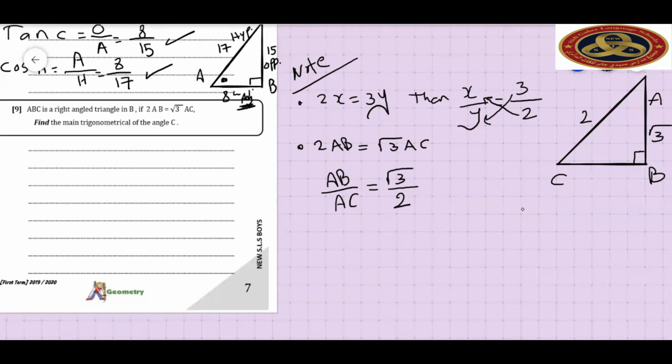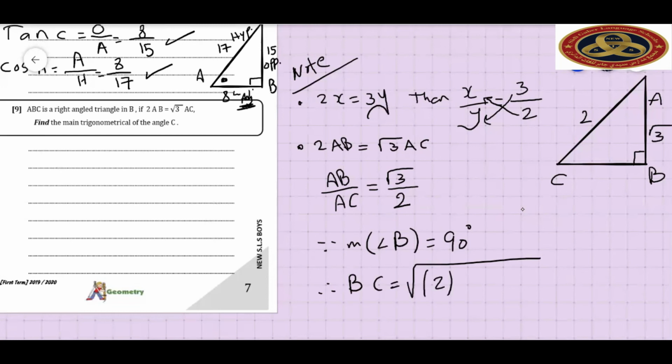So how do we get the ratio of BC? Since the measure of angle B equals 90, therefore, how do we get BC? By the same way, by using the Pythagoras theorem. 2 power 2 minus root 3 power 2. Why minus? Because I want to get a small side. I have the hypotenuse. To get the hypotenuse, make plus.